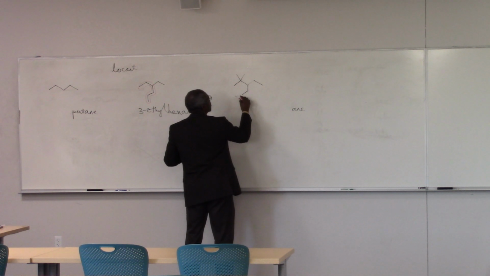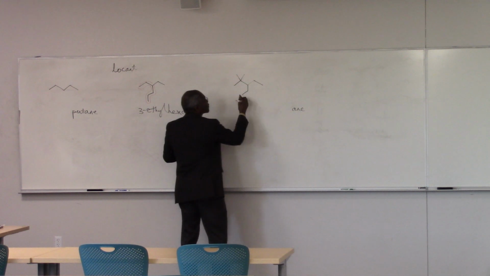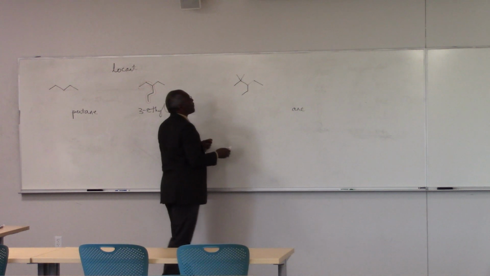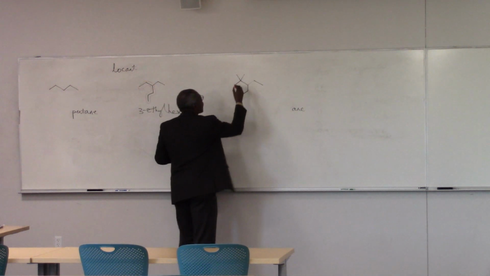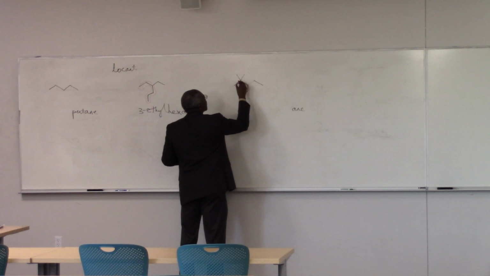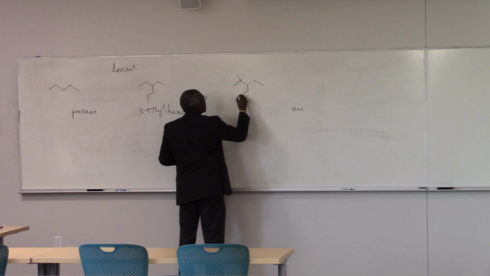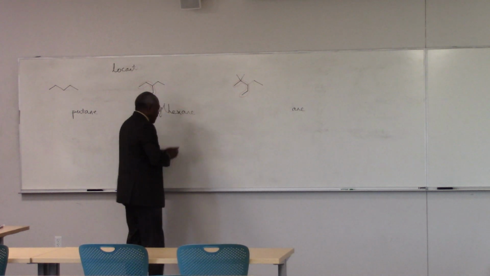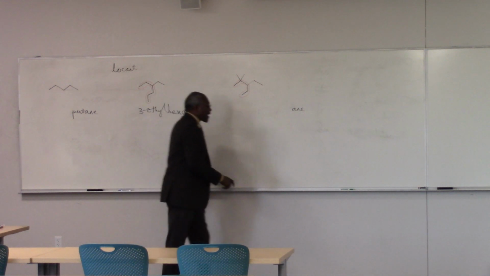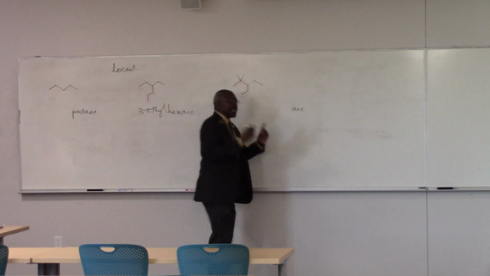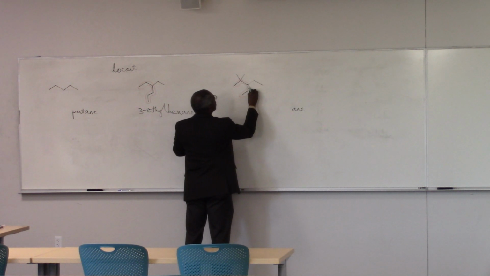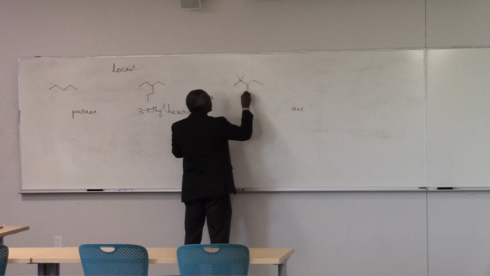Or I could go 1, 2, 3. I could also go 1, 2, 3, 4, 5. But the reason I'm going to pick one of these, let's say I'm going to go here, I'm going to pick that as my longest chain, is because when I have a choice of equal chain lengths, because I could have said this is 1, 2, 3, 4, 5, I could have gone with the green.